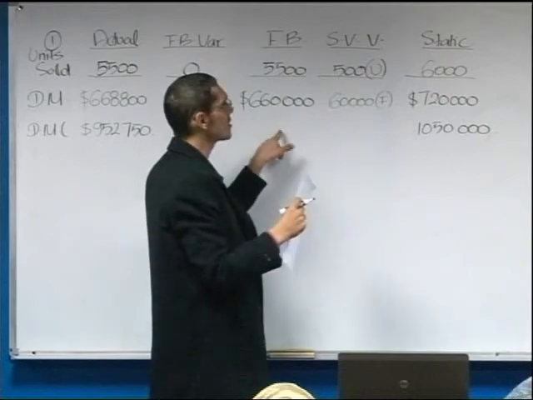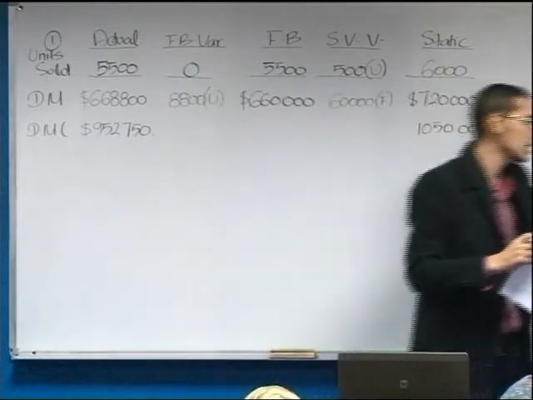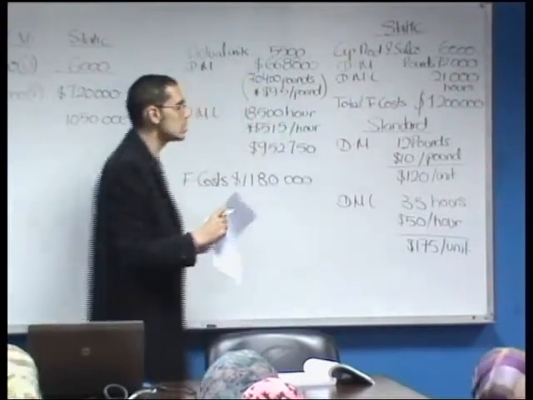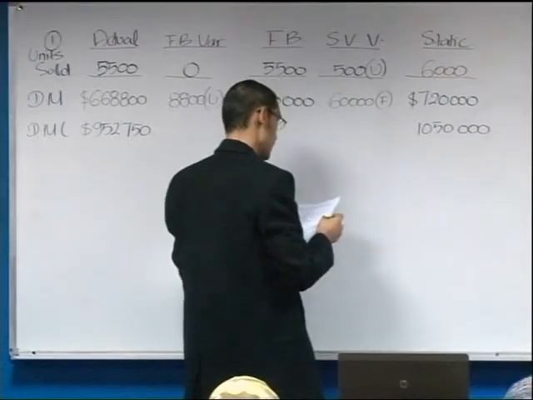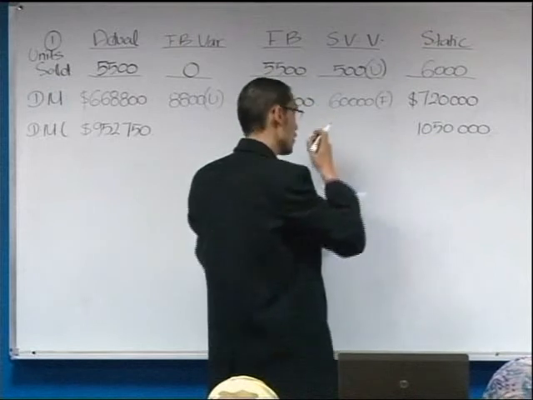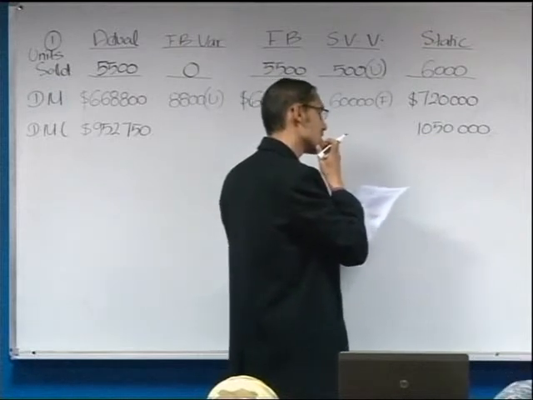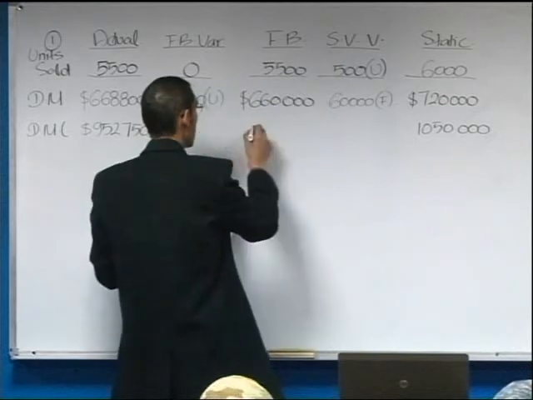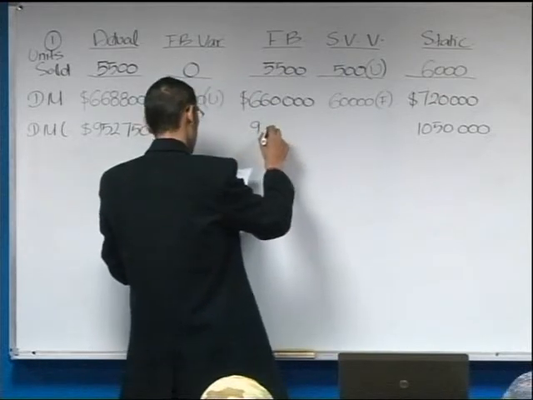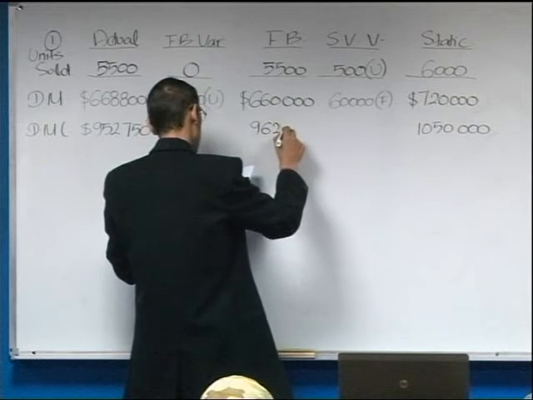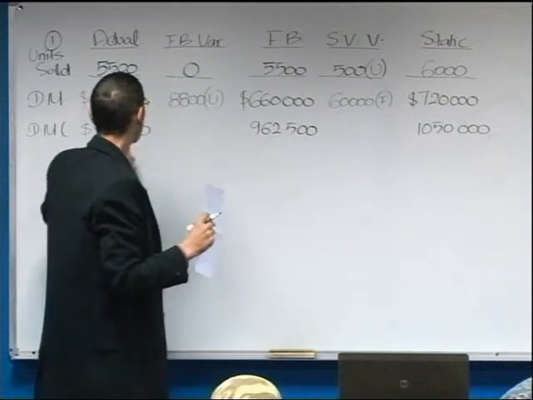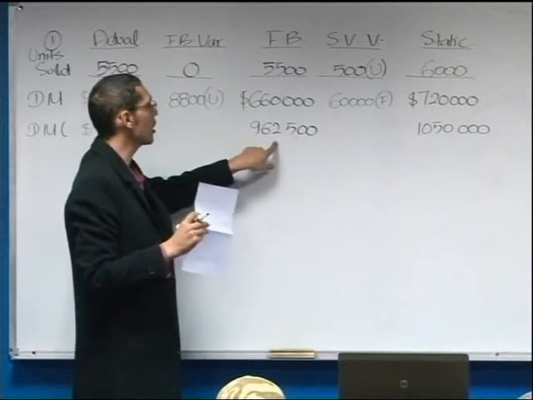And for the flexible budget, we are going also to use the $175 per unit, multiplied by the 5,500, which is the actual output level, it would equal 962,500.